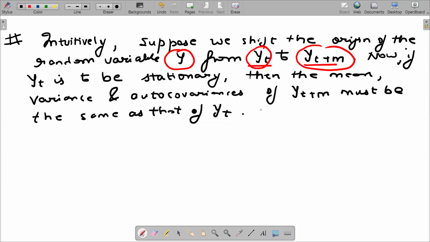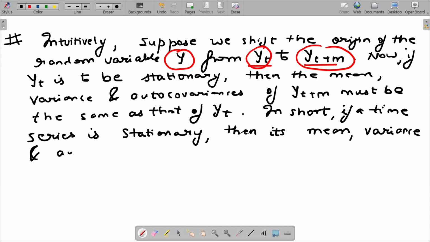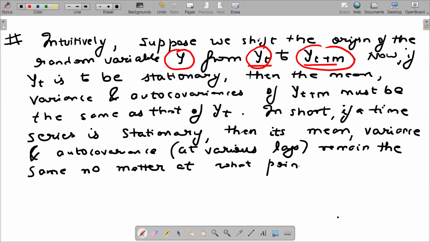I am explaining it further. In short, if a time series is stationary, then its mean, variance, and autocovariance at various lags remain the same no matter at what point we measure.